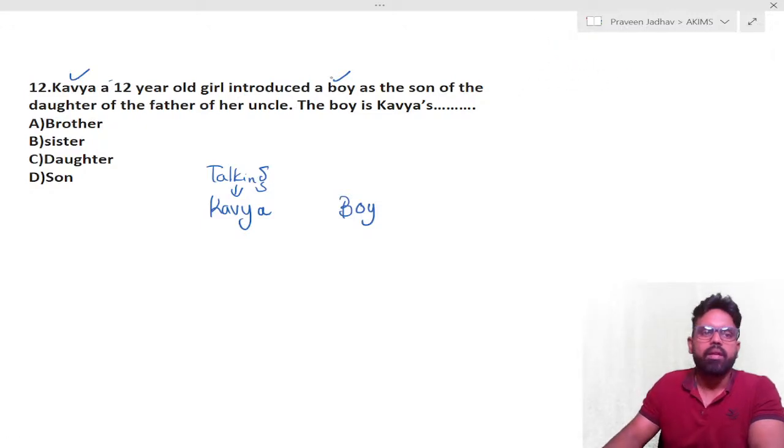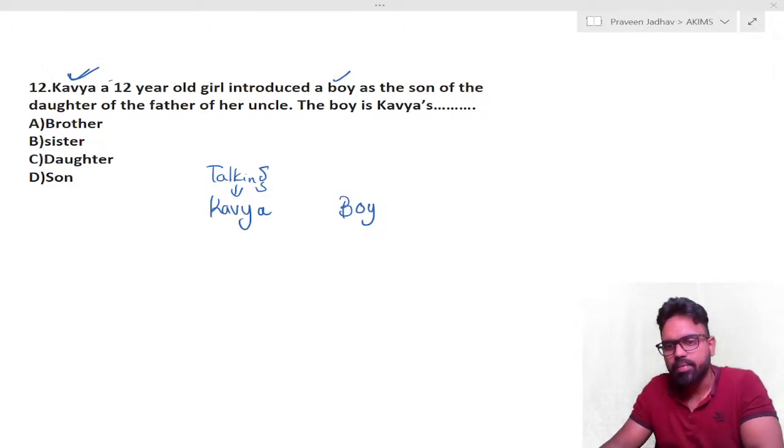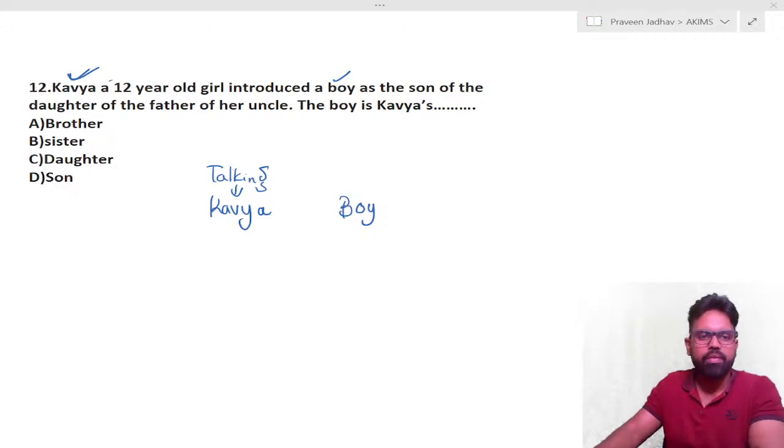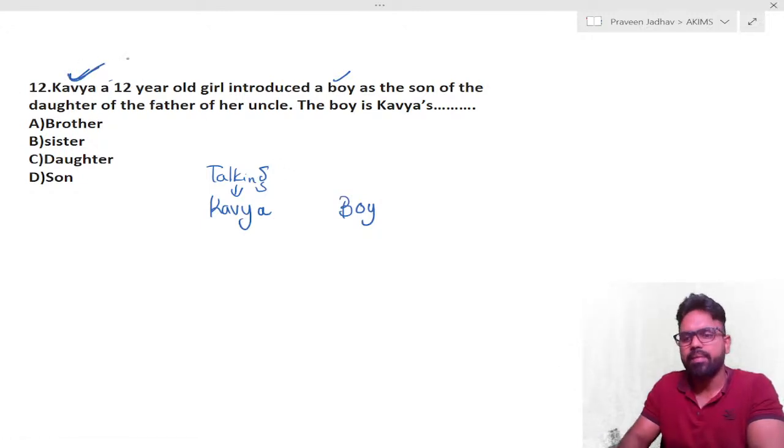Tell me, which is the pronoun that is replacing Kavya? Chandrika Chandu, Mohammad Nasir Ahmed, one of you has to answer. Which is the pronoun that is replacing Kavya here?